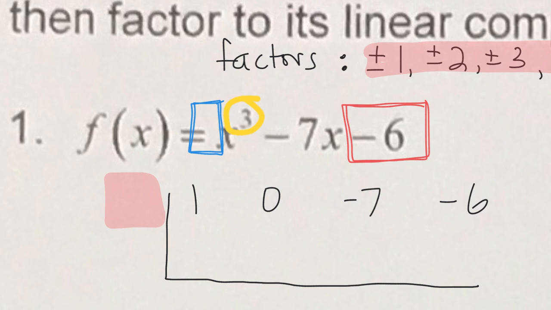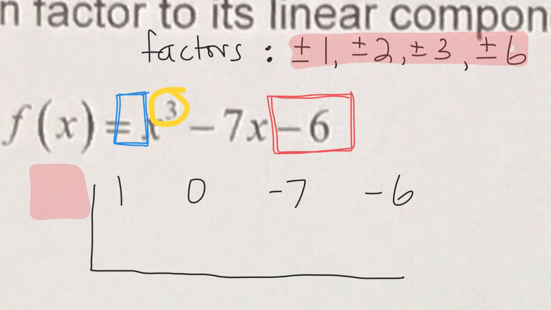If our factor is actually a solution, we're going to have a 0 as the remainder. That's what we are hoping to get. Anytime we do synthetic division, we are hoping to get a 0. According to the factor theorem, if your remainder is 0, then this value is in fact a solution. So let's test and see.